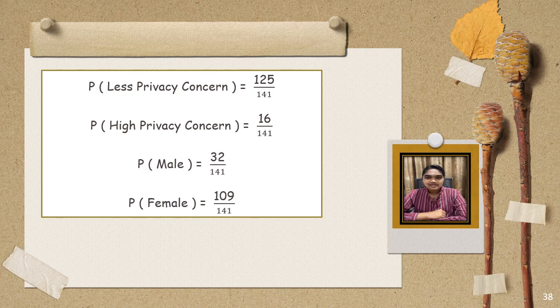The probability of male is 32 divided by 141, and the probability of female is 109 divided by 141.